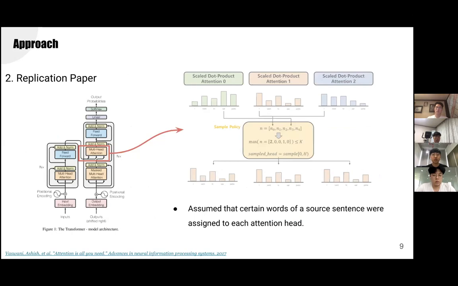Authors assumed that certain words of a source sentence were assigned to each attention head. Thus, they thought that the model can generate diverse translation by changing the assigned attention value. Based on this assumption, their approach started from selecting one of the multi-head attention used in the decoder of transformer structure.